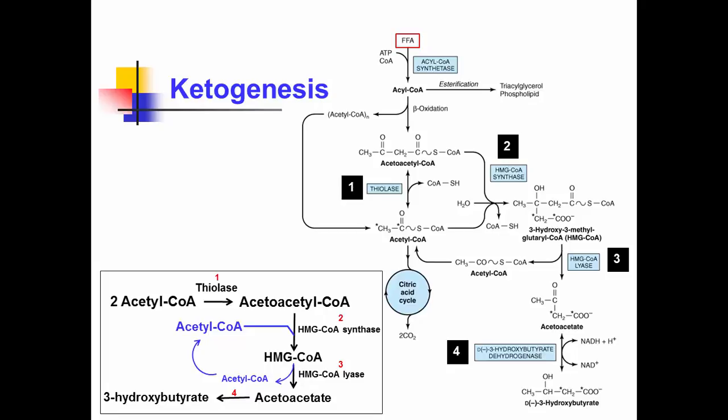Okay, here is the process of the ketone body biosynthesis. Ketone body is synthesized from acetyl-CoA molecules, right? So acetyl-CoA molecules are the precursors of ketone bodies. We already know that acetyl-CoA is a precursor or starting molecule for fatty acid synthesis, right?